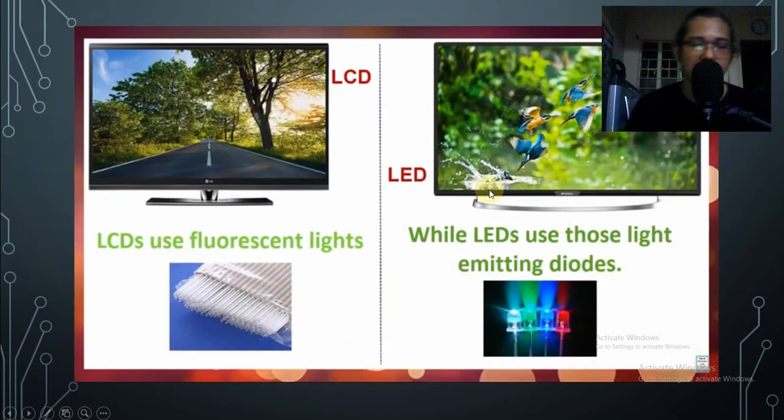Yung LCD kasi, pag nasira yan or na-damage yung kanyang function, makikita nyo na may guhit siyang mahaba. Gumuguhit siya ng mahaba or halimbawa, parang laptop, no? Pag naipit yung laptop, magkakaroon siya ng isang guhit doon.